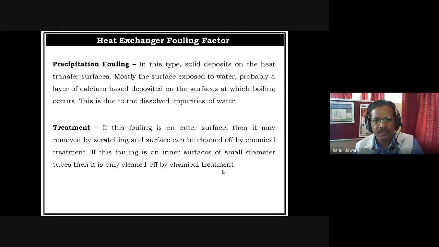So what happens, your precipitation gets red hot, so thermally it expands, and as soon as we put it into the water, it suddenly contracts, and that contraction forms cracks in the precipitation, and the whole precipitation layer gets cracked, and if you shake it, all the layers get removed. But that is not a technical way.